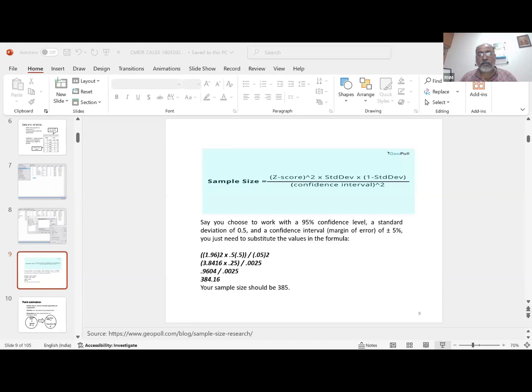Then another is your confidence interval, which is 95%, and the margin of error also 5%, which implies that a 5% error could be there. Based on these three things, we have a sample size estimation.